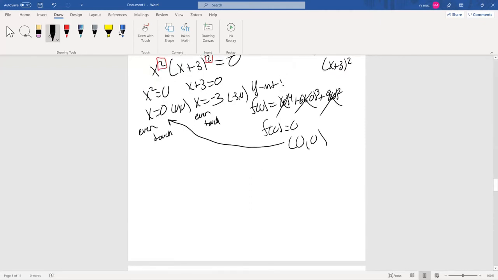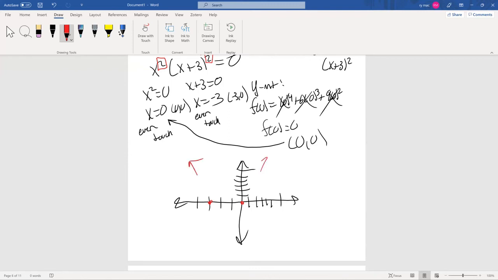All right, now let's look at what that looks like on a graph. So we don't need that many points. I'm graphing 0, 0. I'm graphing -3, 0. It's got to rise both ways.